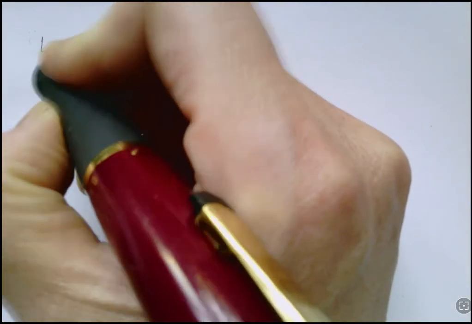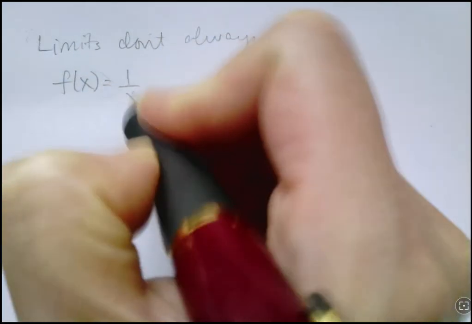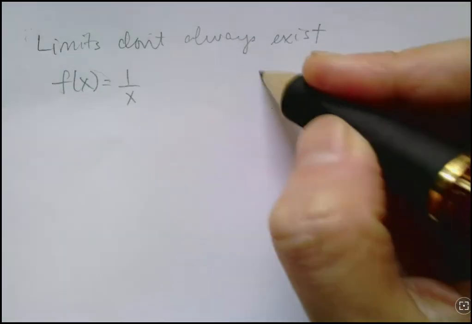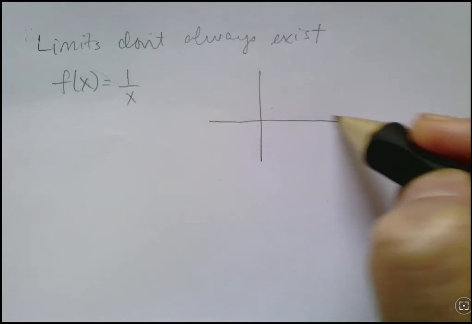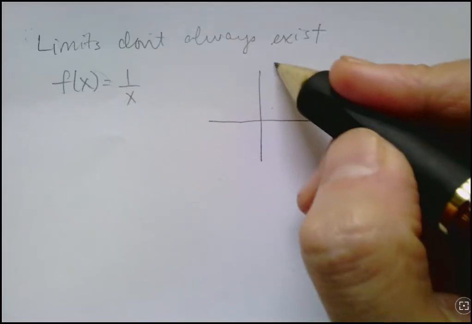It's important to note that limits don't always exist. And a very simple example would be the function f of x equals 1 over x. What does that function look like? As x goes to infinity, 1 over x gets very small.